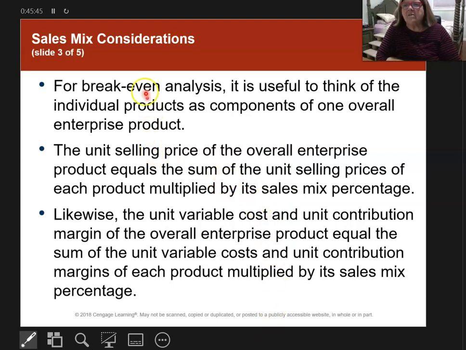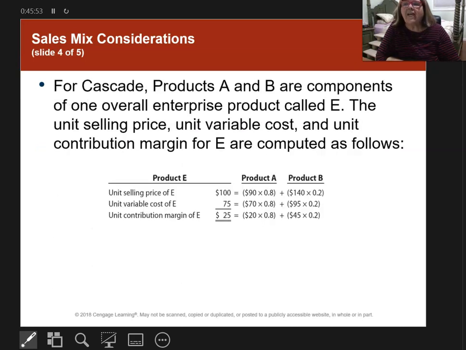And this just talks about sales mix considerations, why you think about this, because in reality, most businesses make more than one product. So let's look at sales mix consideration. I have product A and product B, and together they make product E. So here is my information for product A, product B. This is my selling price.